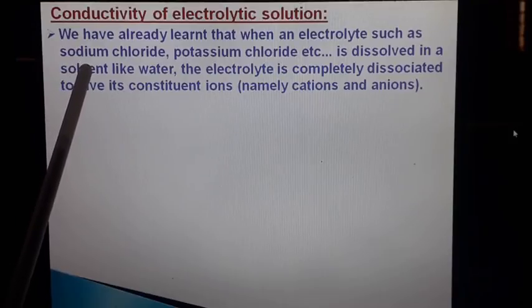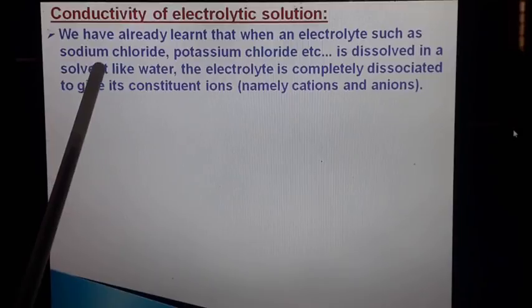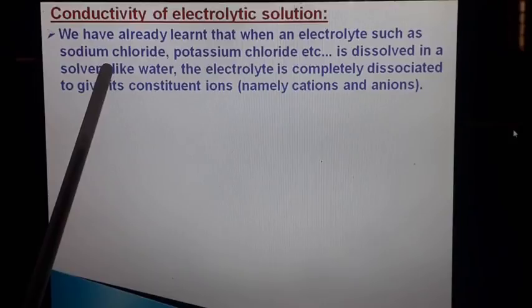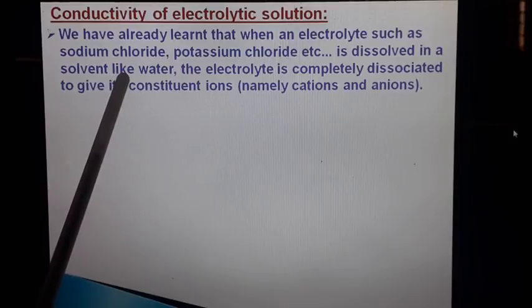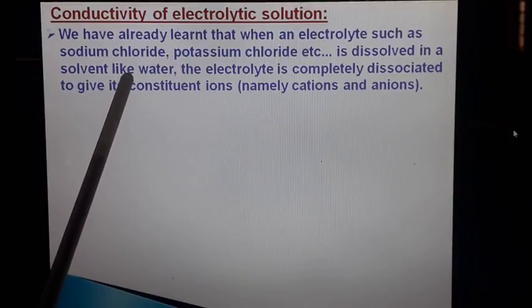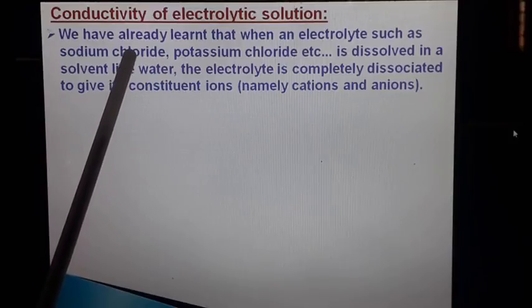In lower classes we already learned that sodium chloride or potassium chloride, any salt dissolved in water, splits into a positive ion and a negative ion. This is called an electrolytic solution. Sodium chloride and potassium chloride are called electrolytes.